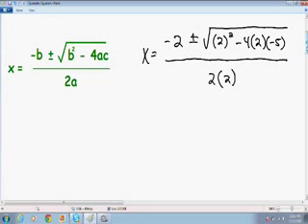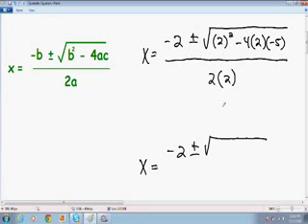The first thing I'm going to do is simplify the square root. I'm going to write everything else exactly the same. The square root is 2 squared, which is 4. Then we have negative 4 multiplied by 2, which is negative 8. And negative 8 multiplied by negative 5 is positive 40.